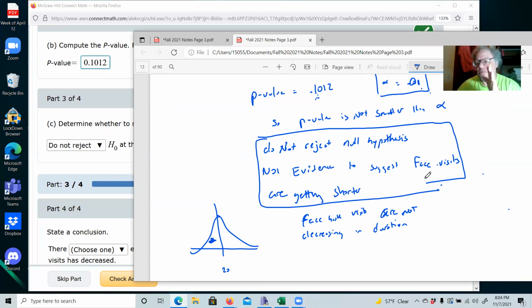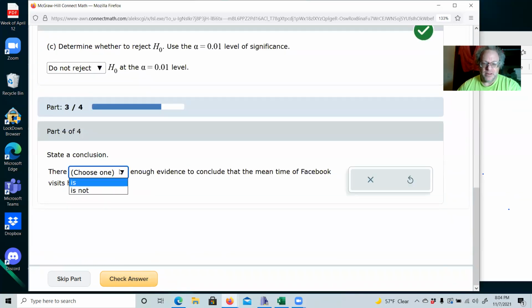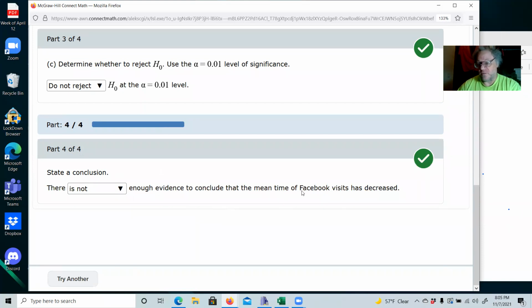You don't have to go through all of this. It's great that you would, but if you at least write a sentence, like you're writing to somebody who says, you did this research, what was your conclusion? Facebook visits are not getting shorter. There is not enough evidence to conclude that the mean time for Facebook visits has decreased. That sounds good, but you are not on the hook to write this. I just want to make that really clear.